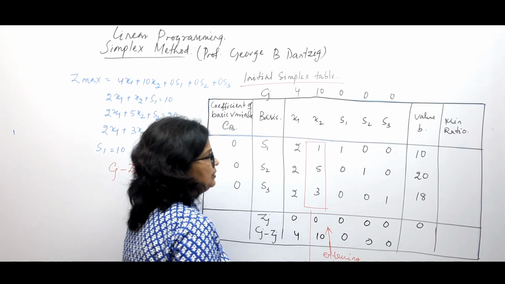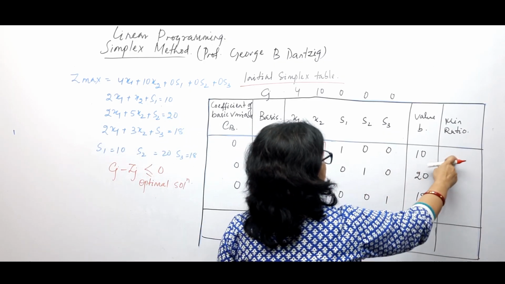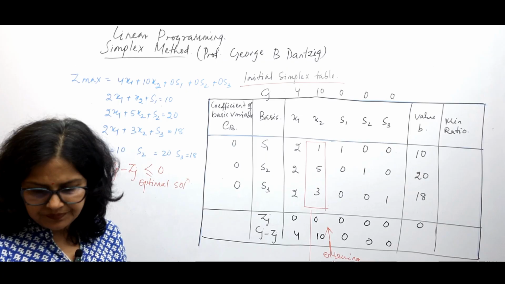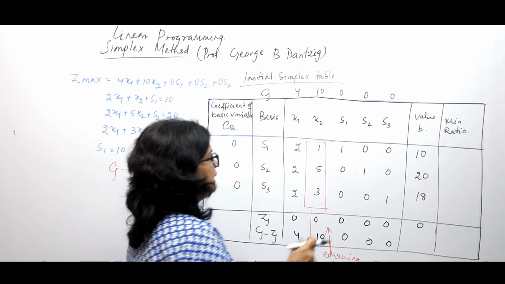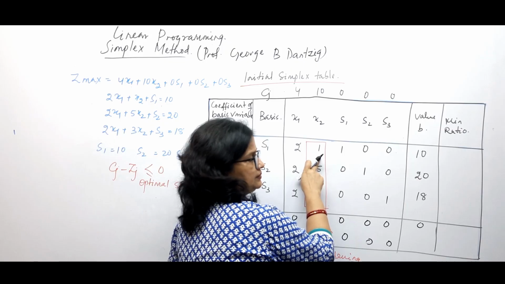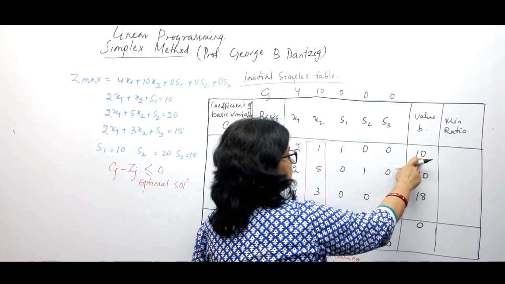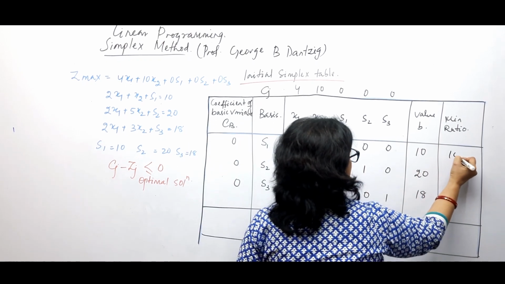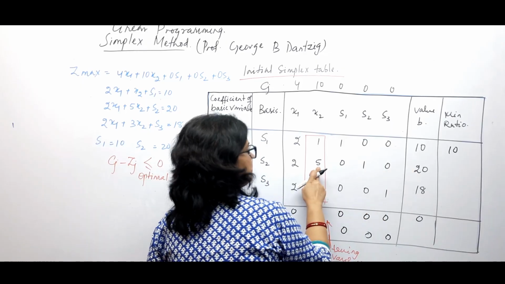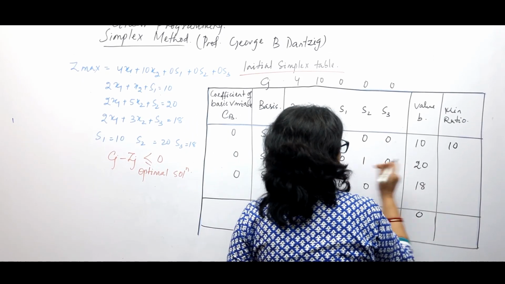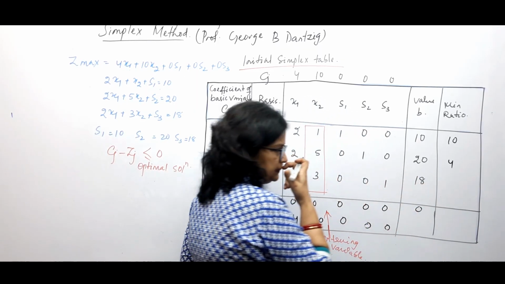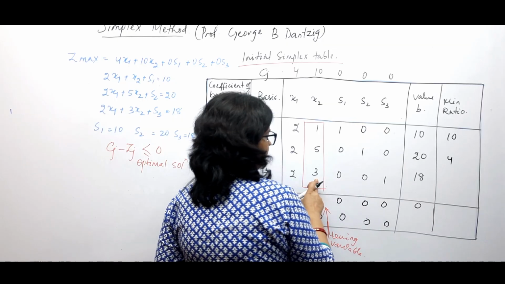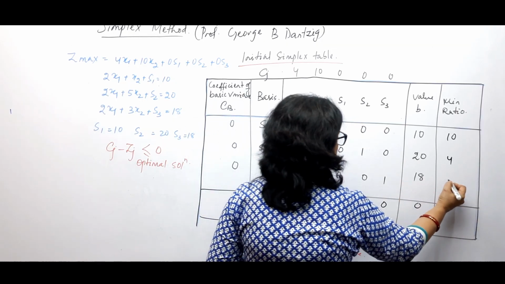So what we need to do is find the minimum ratio. For finding the minimum ratio, we take the value divided by the key column element: 10 divided by 1 is 10, 20 divided by 5 is 4, and 18 divided by 3 is 6.